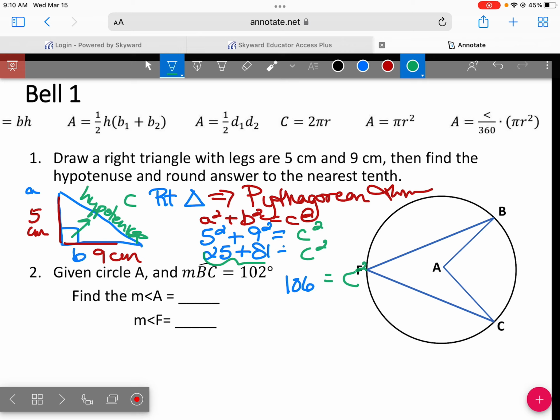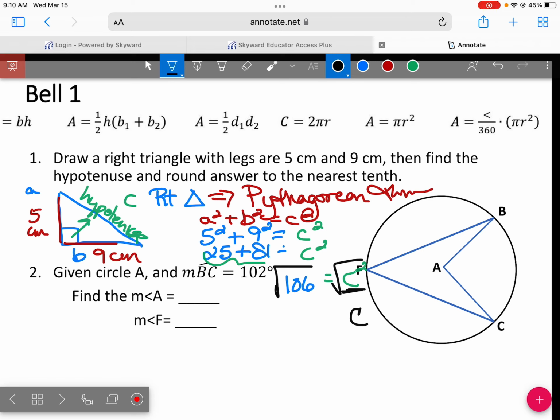Am I looking for C squared? No, I'm looking just for C. So I need to take the square root and take the square root. Anytime you take the square root of something squared, you just get whatever that entity is.